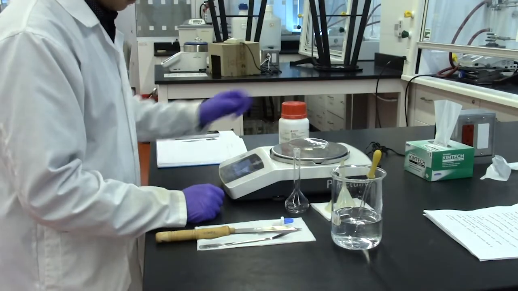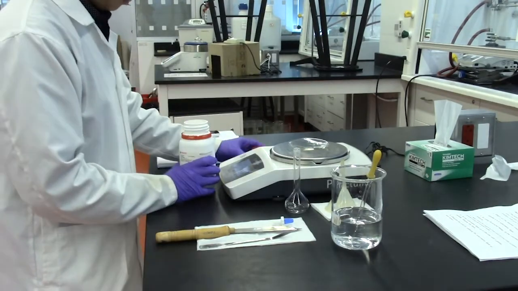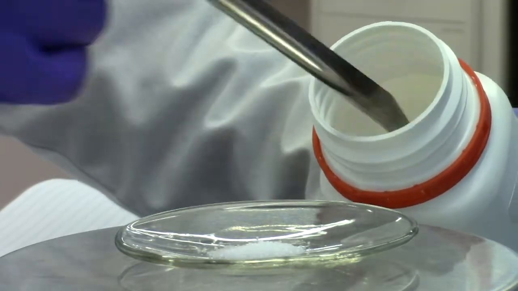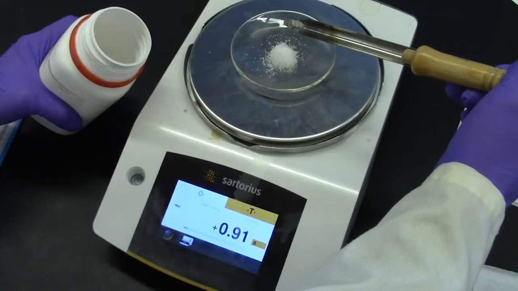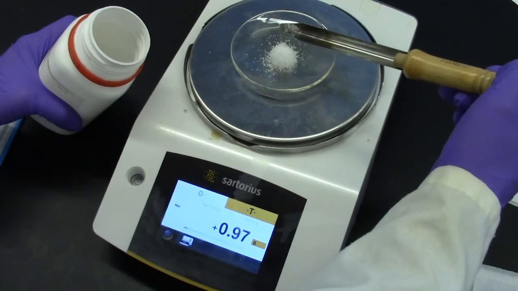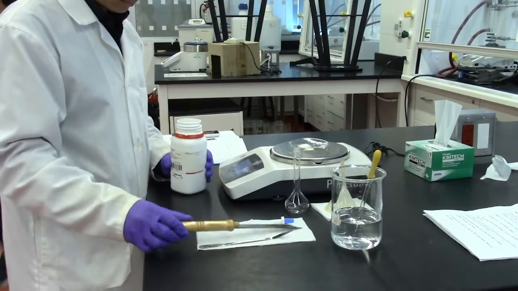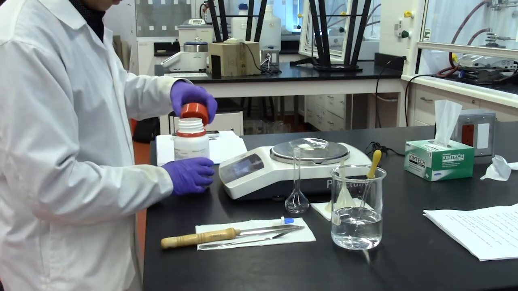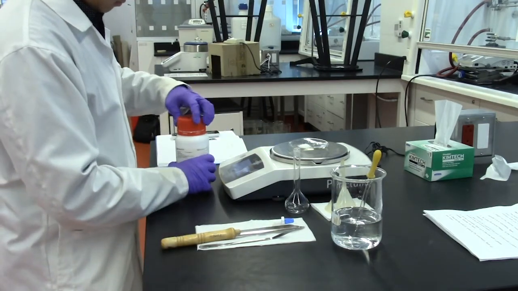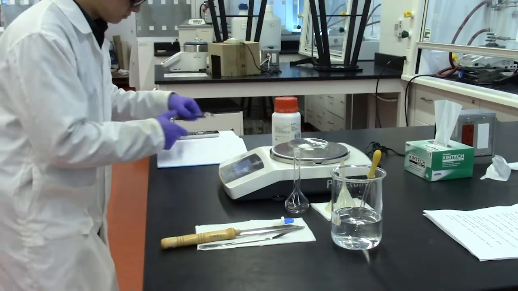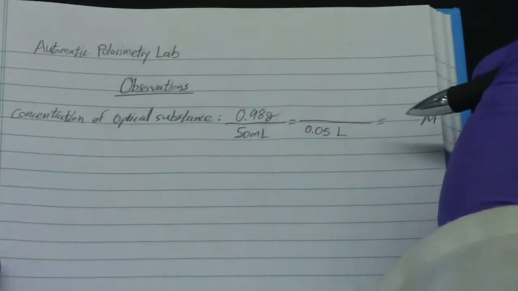Prepare a solution with your unknown substance. Weigh out the desired mass of substance. Record the concentration of your unknown substance in your lab notebook.